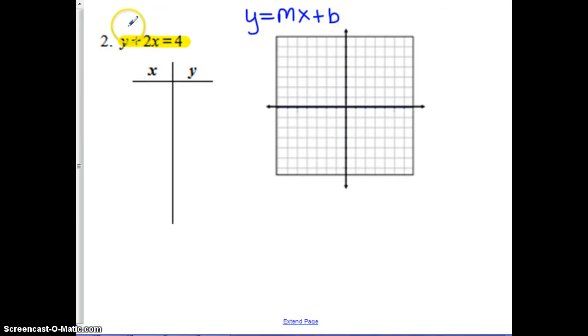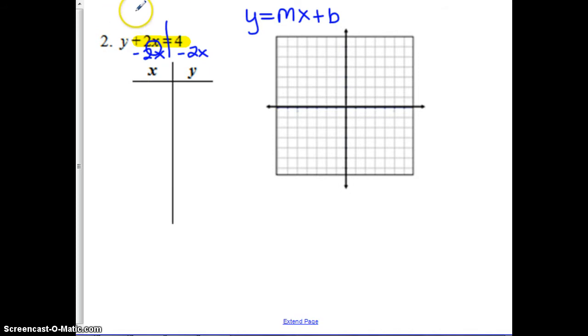So to do that, we're going to get y by itself, which means we're going to do minus 2x on both sides. Now when I do this, my plus 2x and my minus 2x, they cancel out right away.